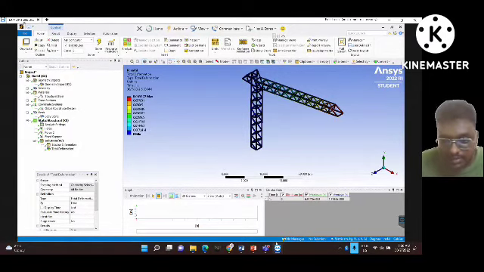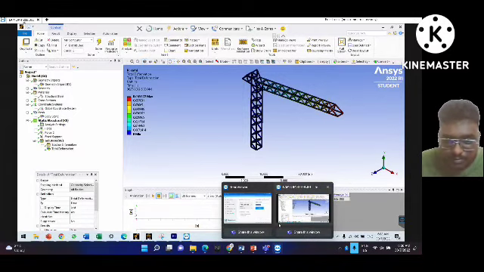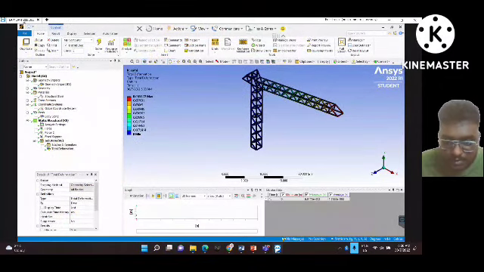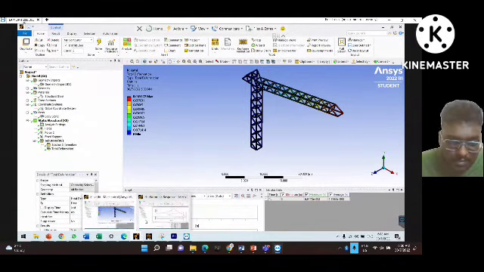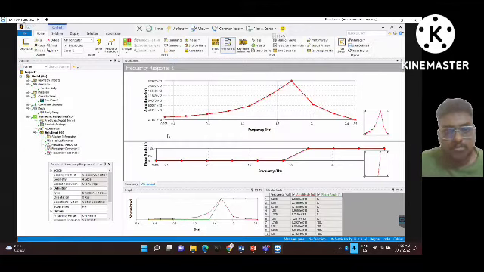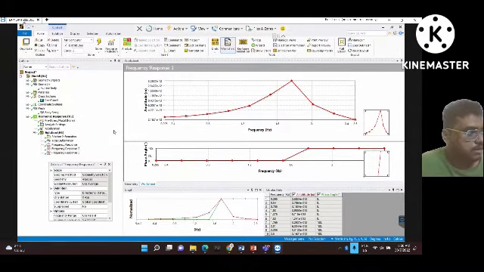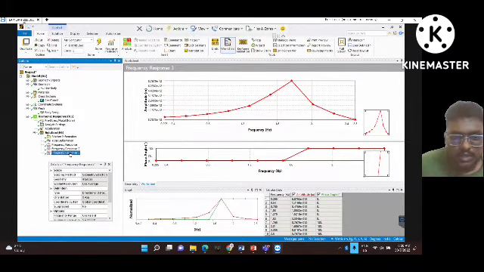After settling our static analysis, let's go for the harmonic response to see how the wind affects the crane. As you can see, we input the wind speed as 1 ms^-1. So this is the graph we obtained, and this is the graph for the response.